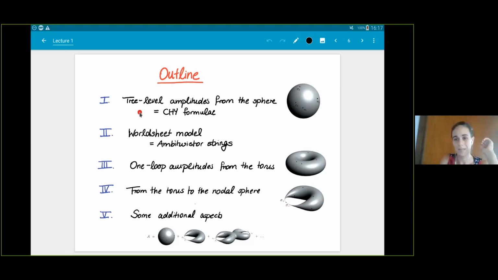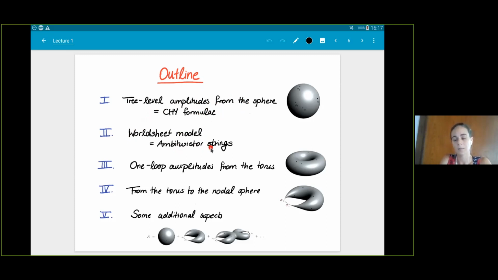Because of course, at this point, we're not there yet. We've done an important piece, but seeing how that comes out is going to occupy us for the rest of my 45 minutes in lecture 1. And what we're going to arrive at is something that is called the CHY representation of the amplitude. Now, in lecture 2, we'll actually see where these come from and develop the underlying worldsheet model.